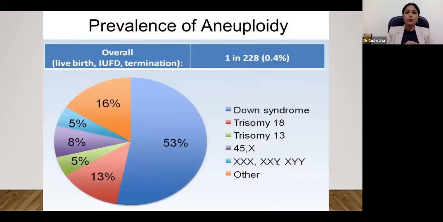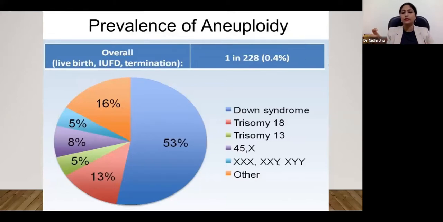So the prevalence of aneuploidy overall, in live birth, IUD, termination, is 1 in 228, an incidence of 0.4%. The maximum of it is covered by Down syndrome, which is 53%, gradually decreasing.